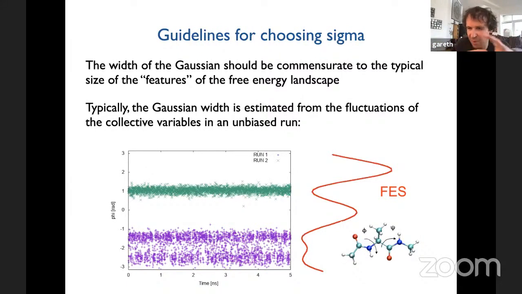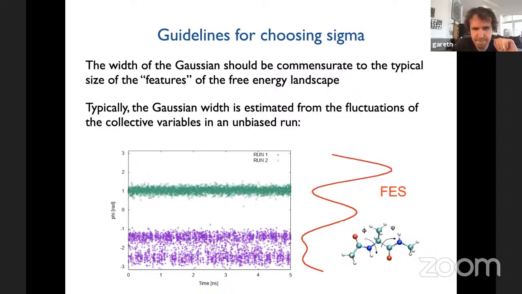So you can set them in one unit and use the instantaneous variations to determine the widths of the Gaussians, or you can set the width of the Gaussian in nanometers, and then go back through the Jacobians and work out what that corresponds to in the units of your collective variable. These are things you might want to explore. Adaptive hills, you can look at how that's done within PLUMED if you want.